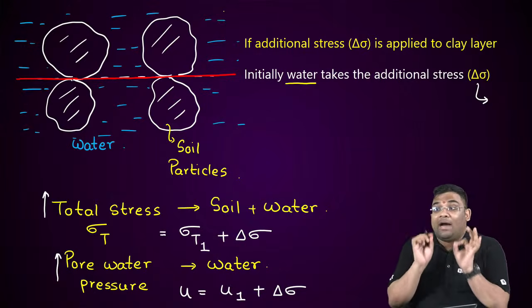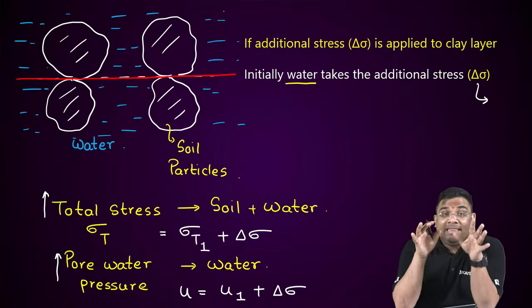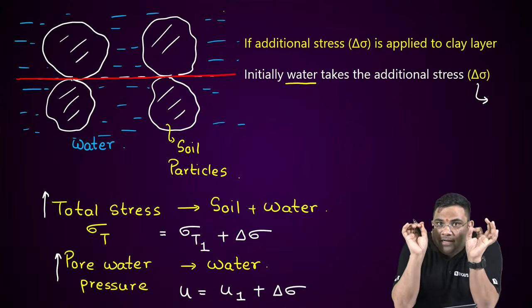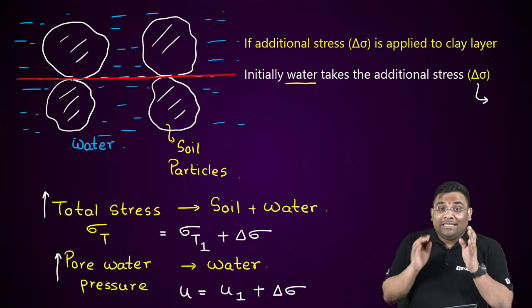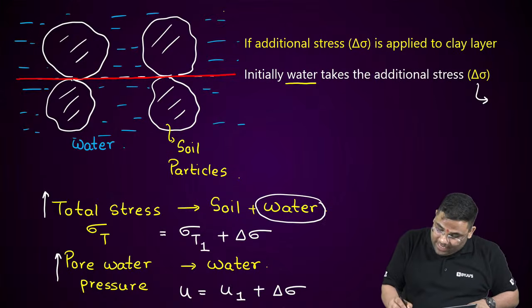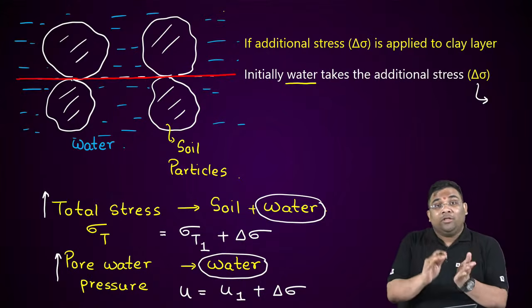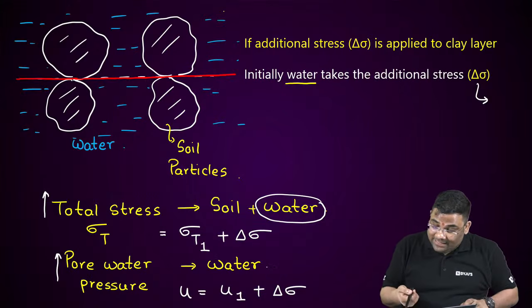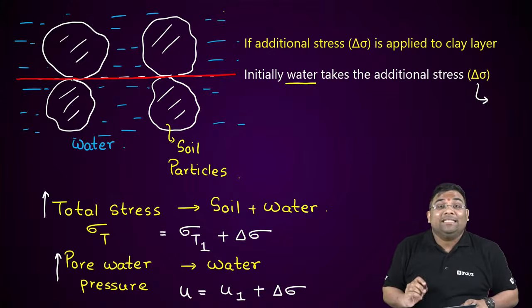So I'll just revise this particular thing, that when the additional stress is coming, first who took the load or stress? Water took the stress. Since water is there in the total stress term and pore water pressure, both total stress and pore water pressure increased by the same amount, delta sigma.